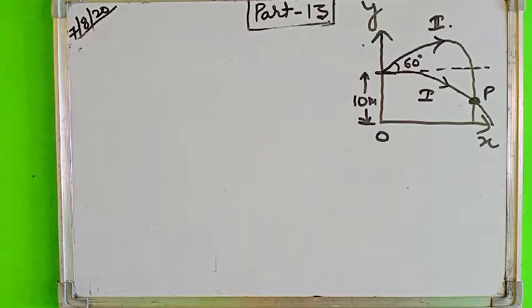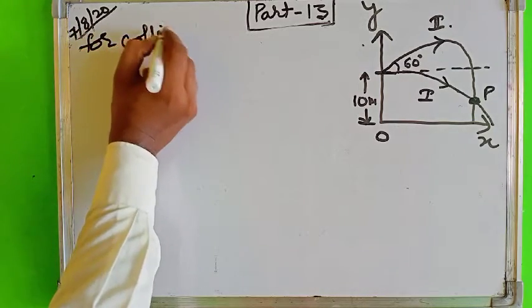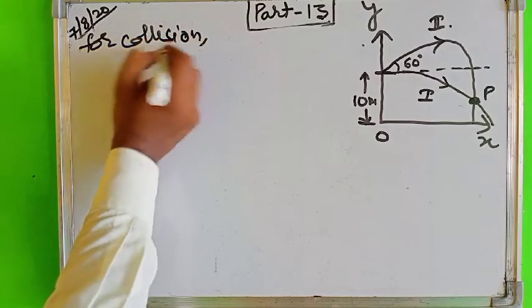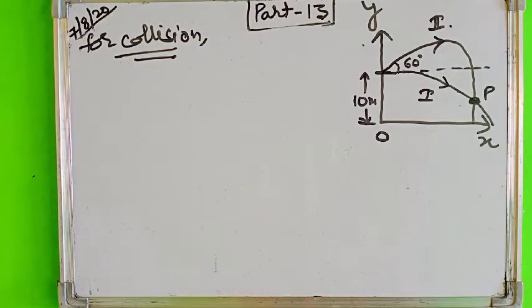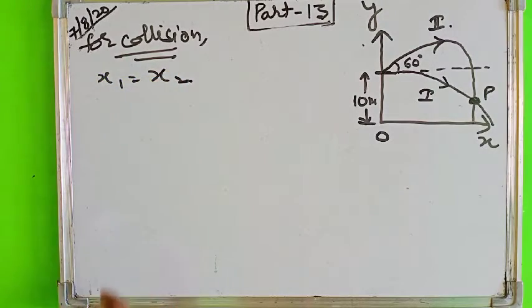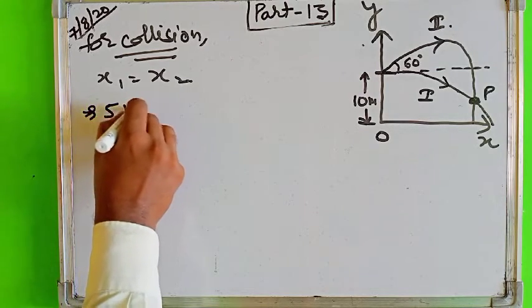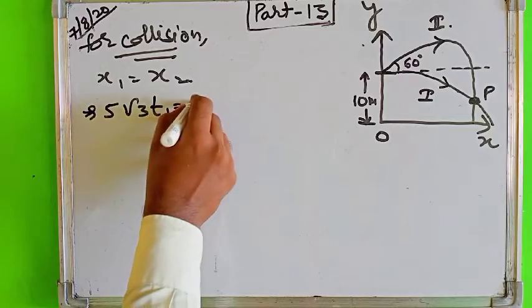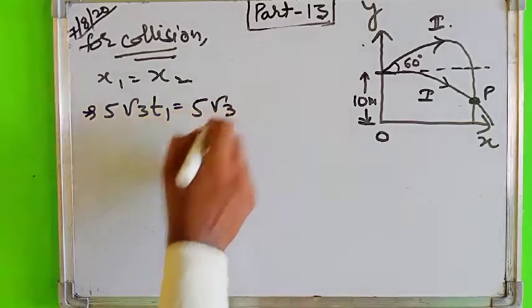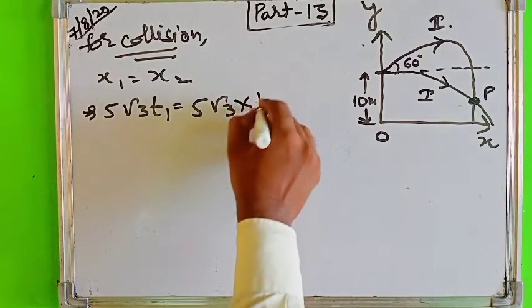For collision, x1 is equal to x2. So x1 is 5 root 3 t1, equal to 5 root 3 cos 60 degree into T2, and cos 60 degree is 1 upon 2.